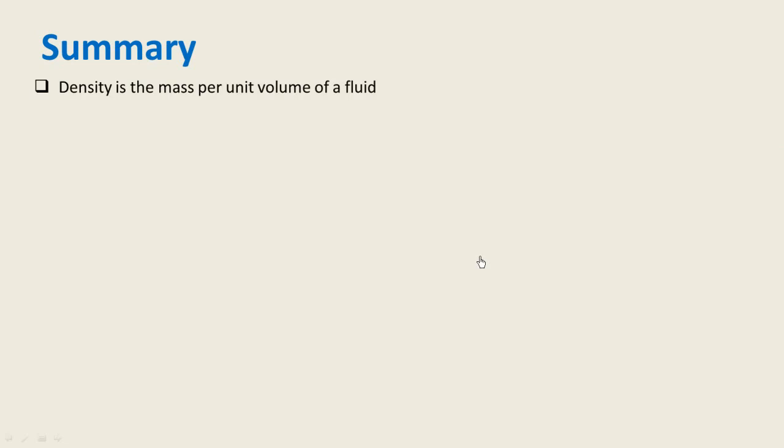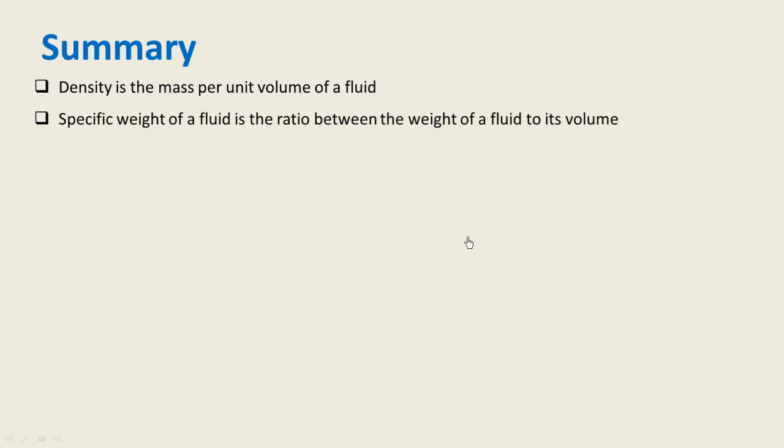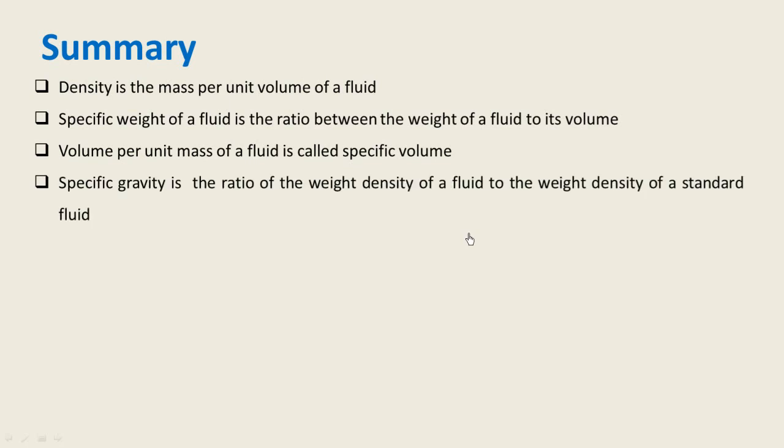In this lecture we saw that density is the ratio of the mass of the fluid to the volume of the fluid, and specific weight is the ratio between the weight of the fluid and its volume. Specific volume is the volume per mass, and specific gravity is the ratio of the weight density of the fluid to the weight density of the standard fluid.